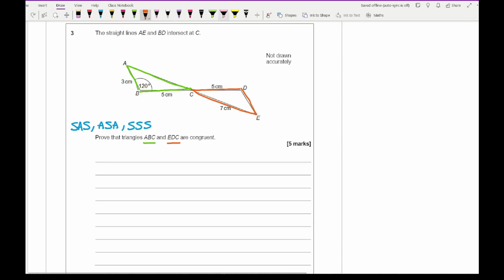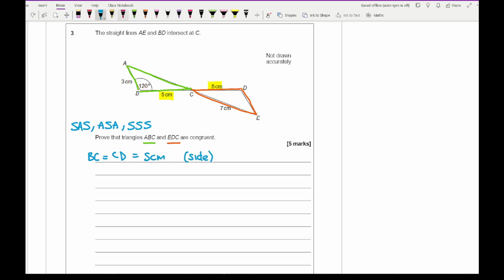So straight off the bat, I can see that I've got a side on each of those triangles that's 5 centimeters. So I could start by writing that BC is equal to CD, which is 5 centimeters. So just a reminder to myself, I'm going to write that I've proved that a side is the same on both those 2 triangles.